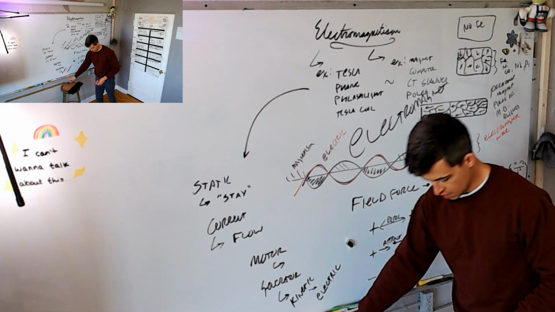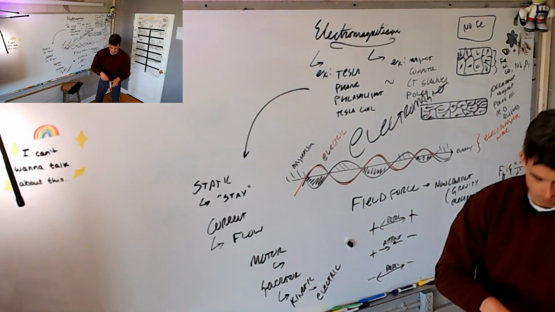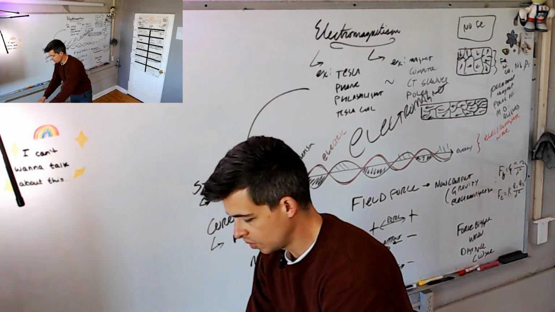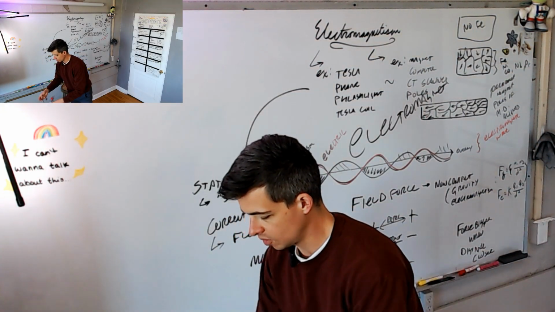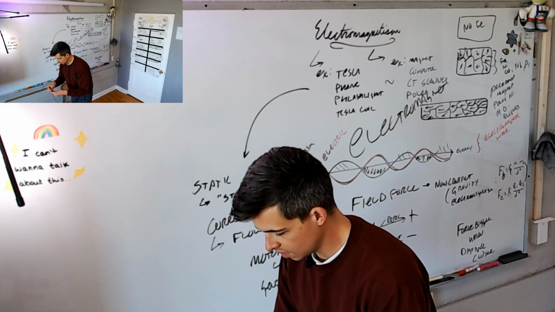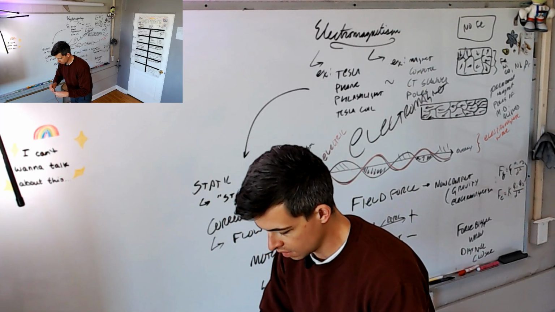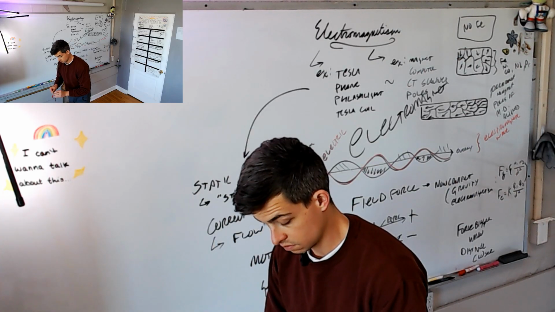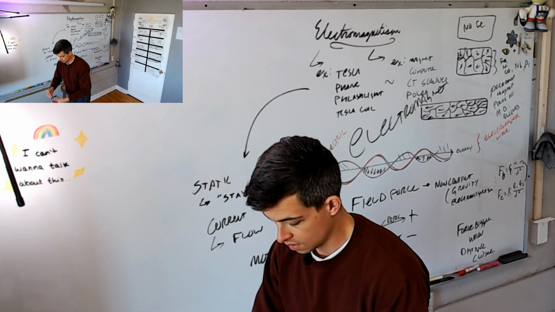So that's what a generator does: it takes kinetic energy. I'm going to show you. I'm going to crank the crank, and I'm going to put my light bulb on it. Again, what do we call the object in a circuit that uses the electrons? I just told you. A load.